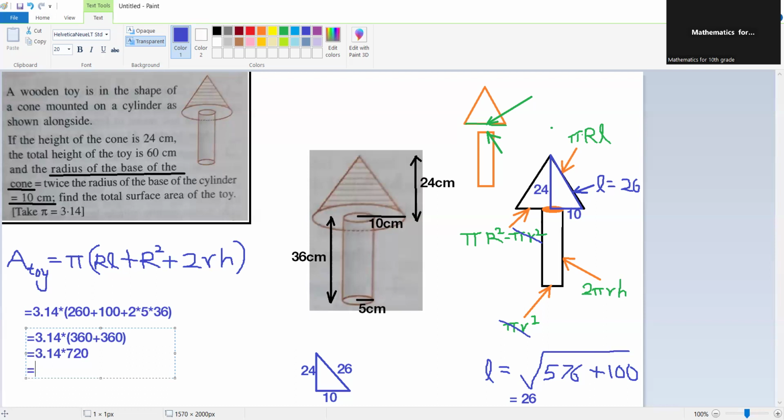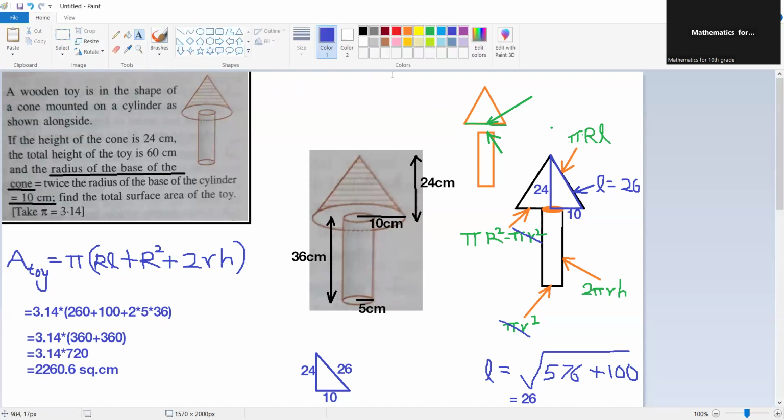3.14 into 720 would be 2260.8 square centimeter. This is the answer.